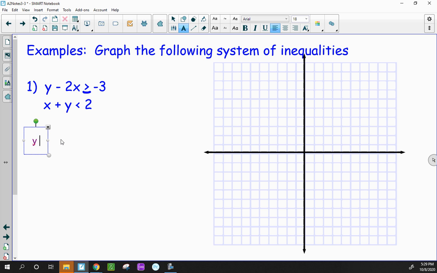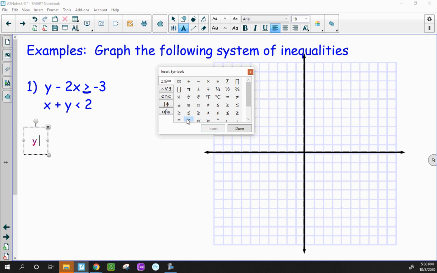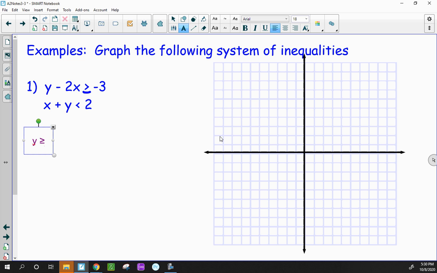So y is greater than or equal to the negative 2x is going to become positive 2x, and then minus 3. You're going to list your slope, 2 over 1, and your b is 0, negative 3.